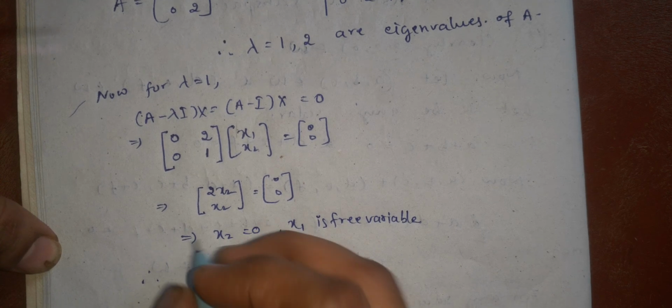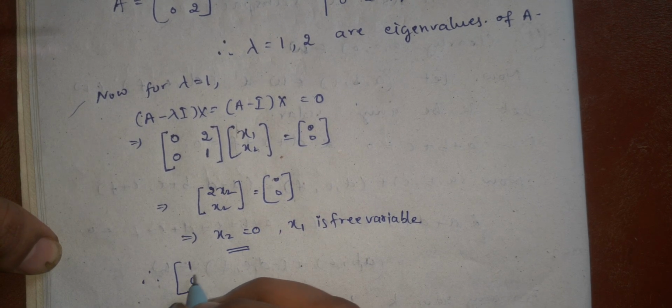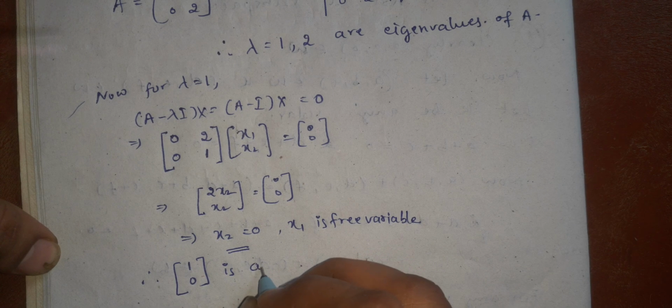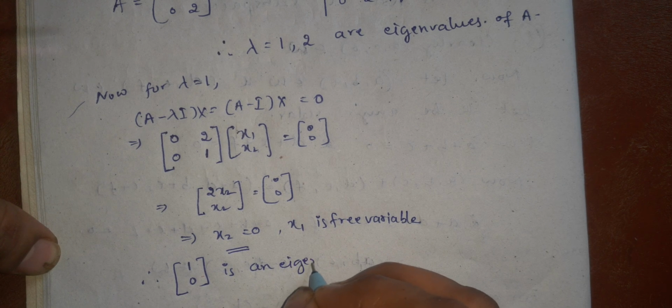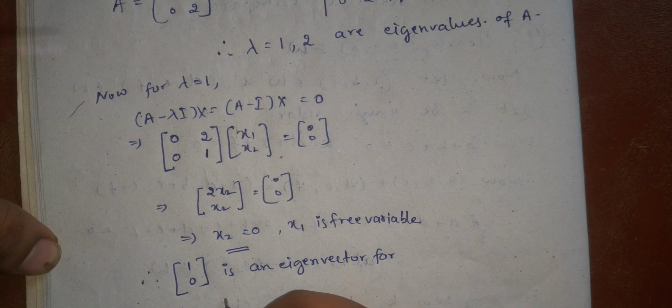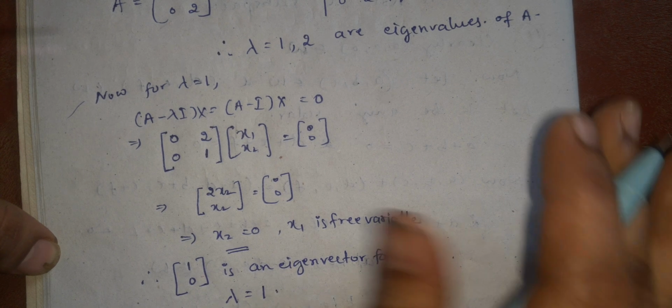Therefore, (1, 0) is an eigenvector for lambda equal to 1.